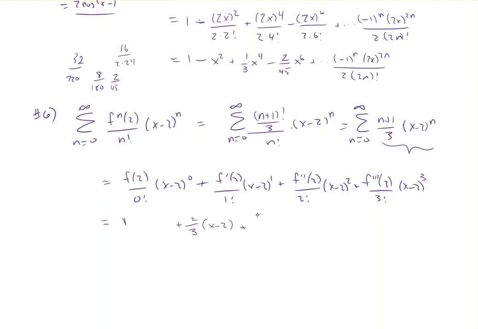F prime of 2. I guess I'm going to start getting a little lazier. I'll just come up in here, right? Because if you can just plug in 1 here, you get that. If you plug in 2, you're going to get 1. So 2 gets you 3 over 3. Or just 1. Now come up here and plug in. Oh, we get 4 over 3. Plug in 3.